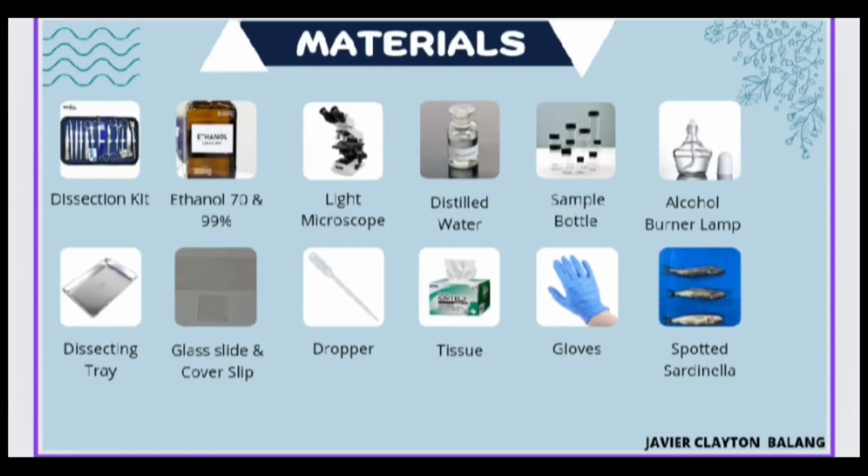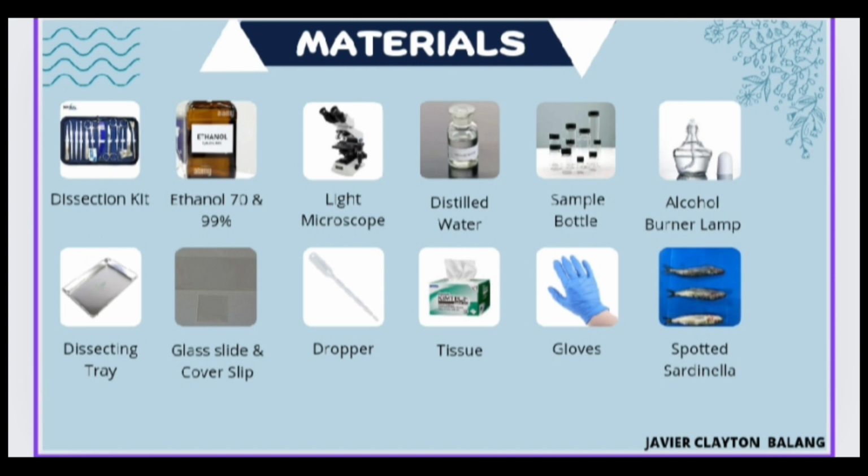For the materials that we have used, there is a dissection kit to dissect the fish, ethanol 70% and 99%, and to look into our sample we are using a light microscope, and we also use distilled water for the sample bottle, an alcohol lamp to heat up the blade before dissecting the fish, and a dissecting tray.